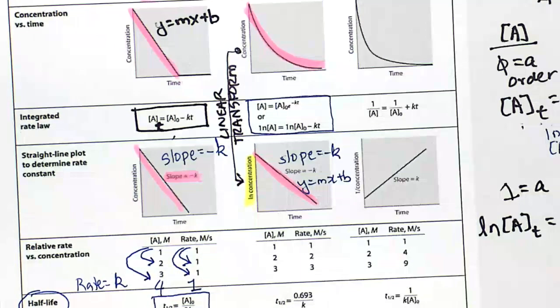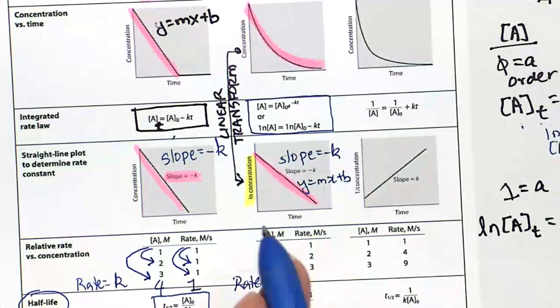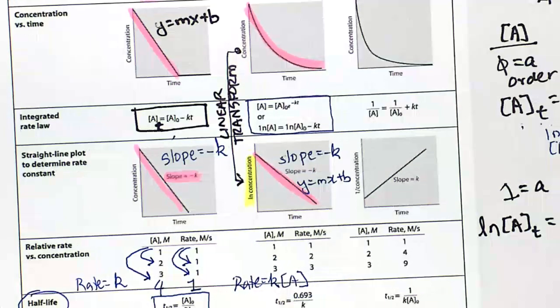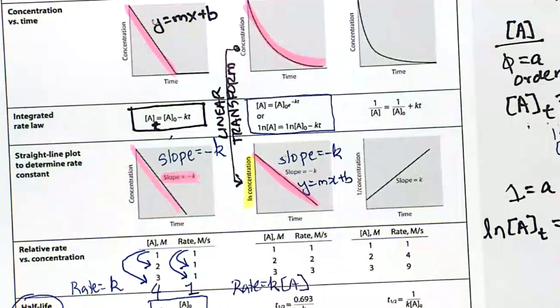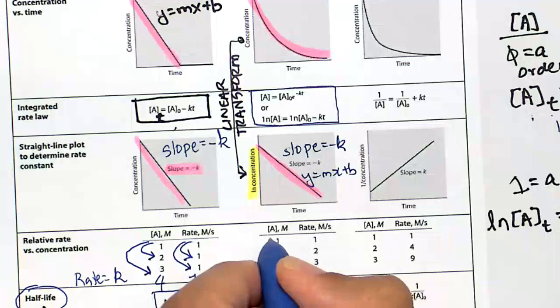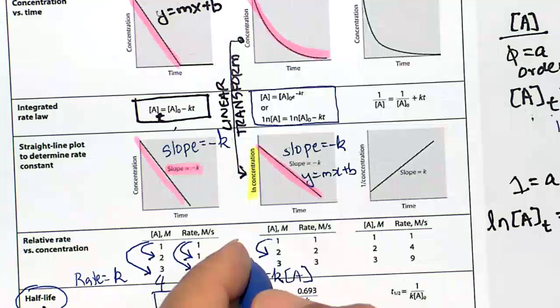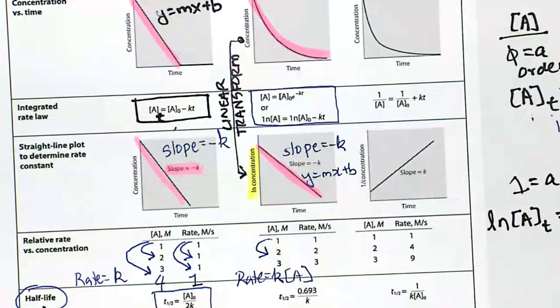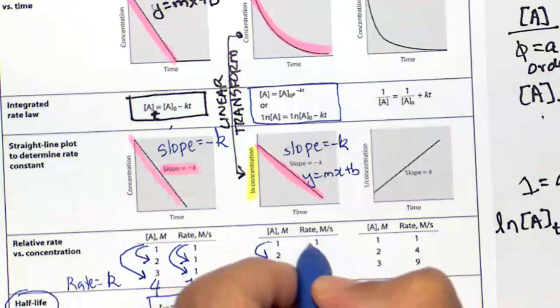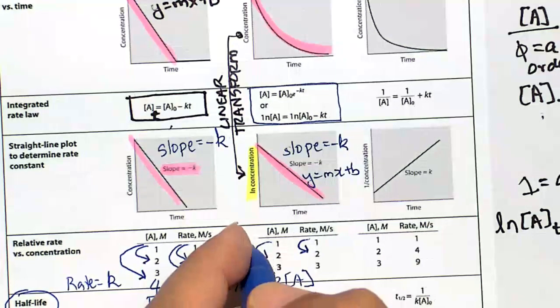All right, so what happens if we take a first-order decay and double the initial reactant A? What happens to the reaction rate? It too doubles.